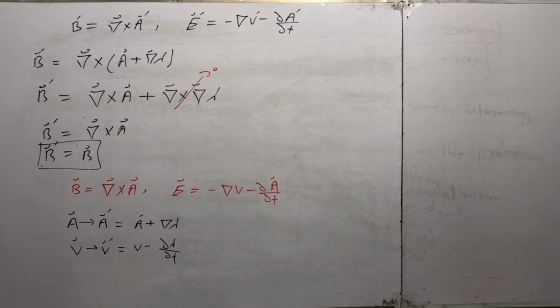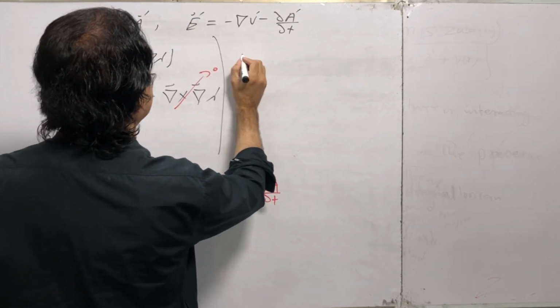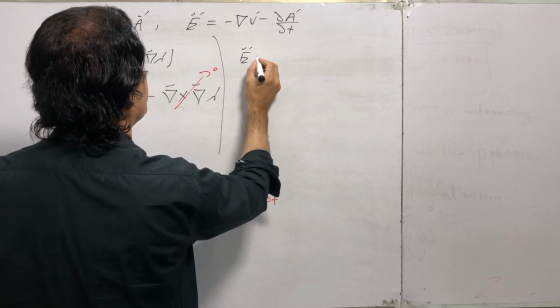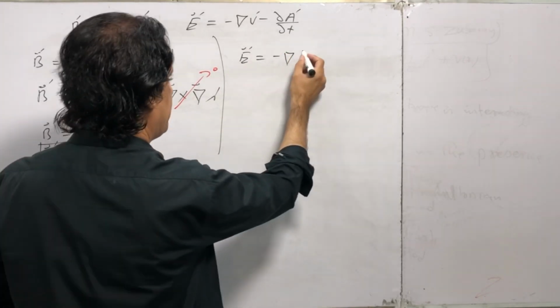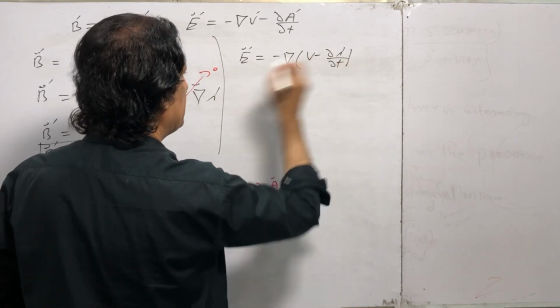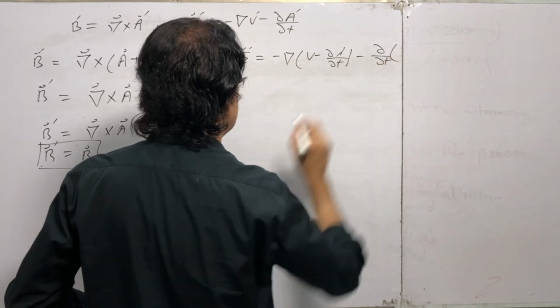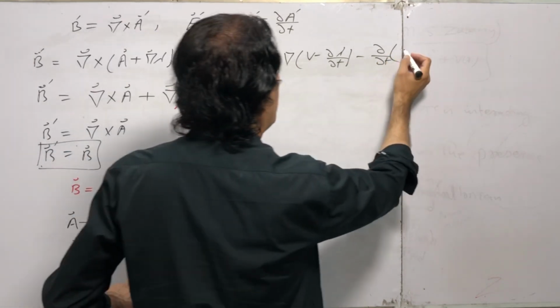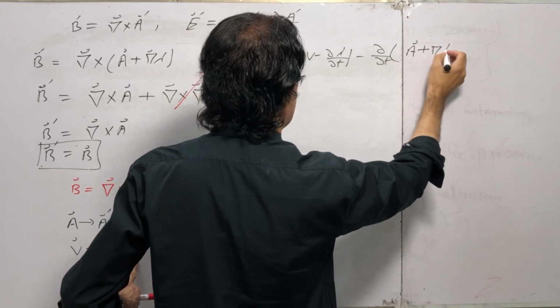Now we are looking at the other one, the electric field, which is equal to minus del V prime, minus partial A prime divided by partial t. We have the value V minus partial lambda divided by partial t, and minus partial by partial t of A plus del lambda.